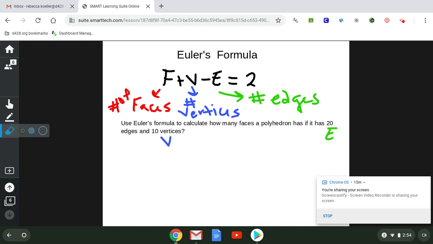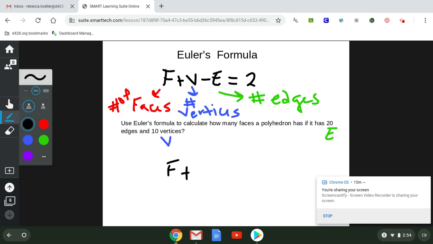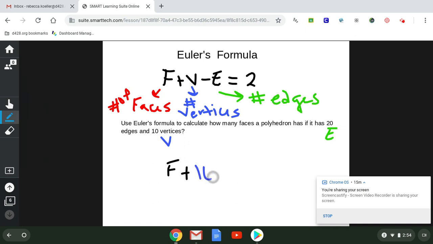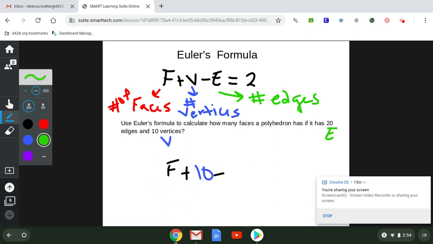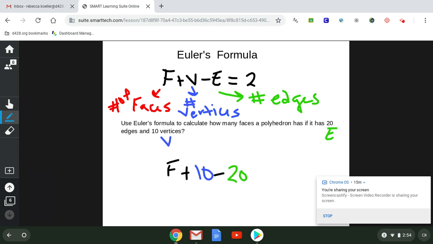So when I set this up, I'll have faces plus my vertices, which is 10, minus my edges, which are 20. And that all has to equal 2. And I just solve for F, combine like terms, and I get F minus 10, sorry, equals 2. And then I add 10 over, and I get 12. So I have 12 faces.